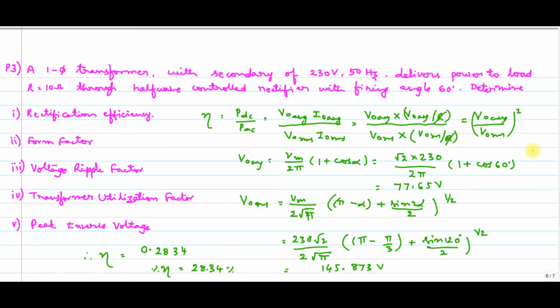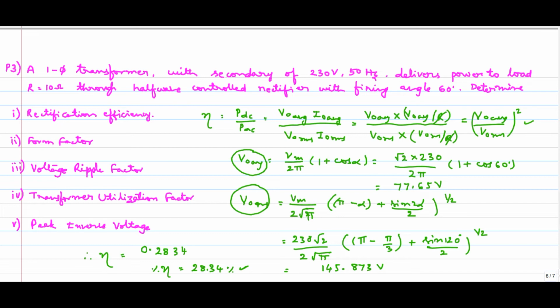I have calculated based on this formula, V naught average divided by V naught RMS, whole square. You can check with your calculators whether it is correct; from my side it's correct.